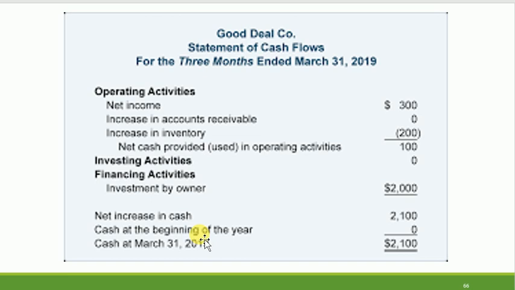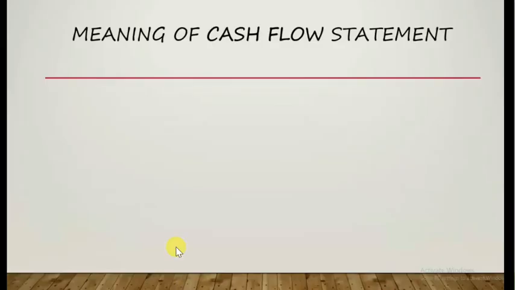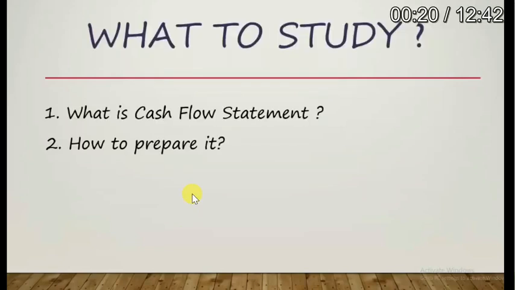Now we'll go into a detailed example and a detailed explanation of how cash flow works and what it is. The first thing that we need to understand is what a cash flow statement is and how we prepare it.